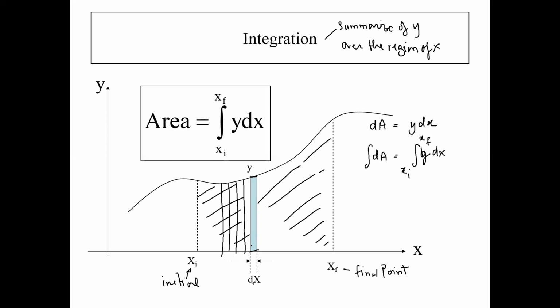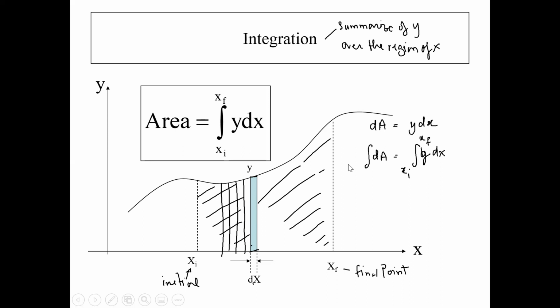If you want to find the area, we can do it by cutting it into small strips, making a small right angle shape. Each strip has an area of y times dx. Then you add them all up from the beginning point to the ending point.